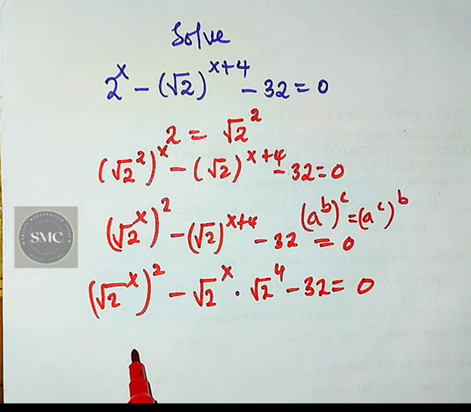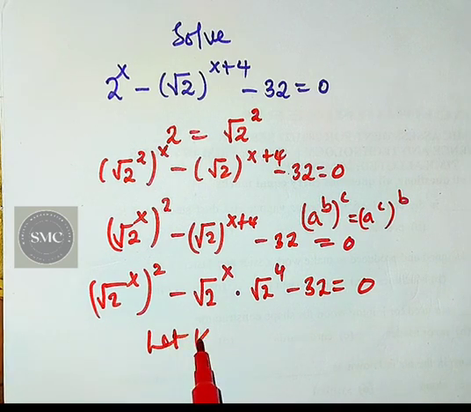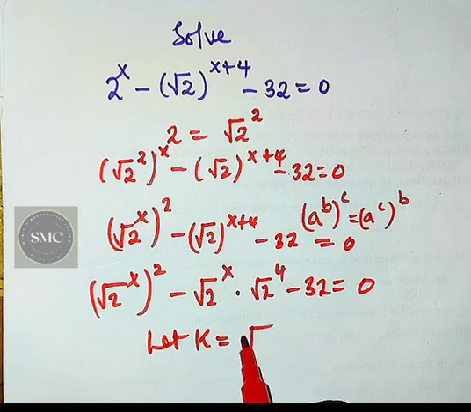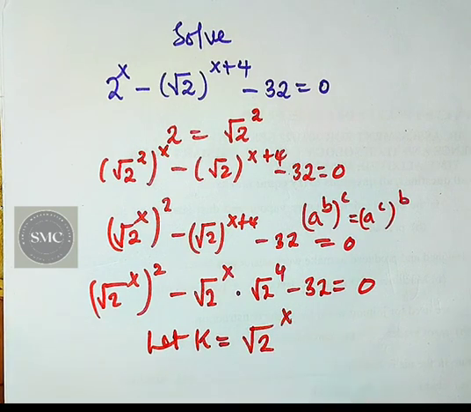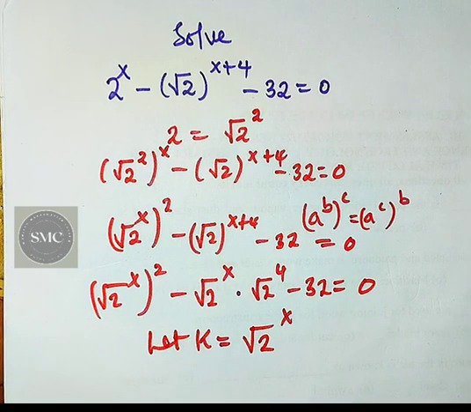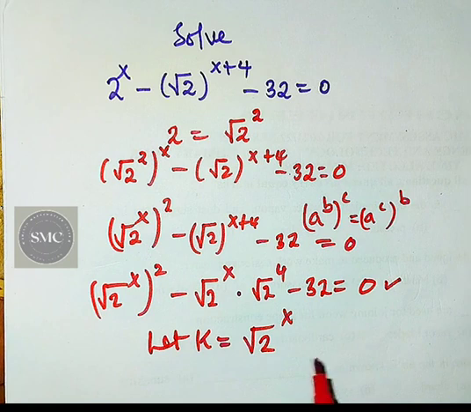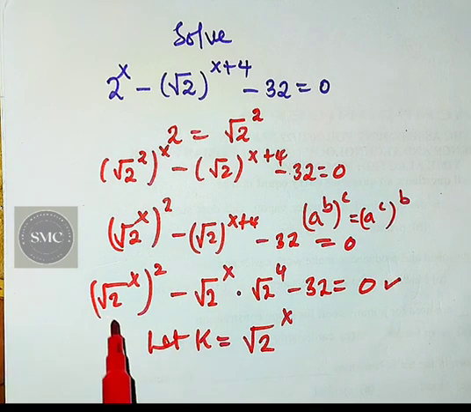So therefore we are going to let k equal root 2 to the power x. Now if k equals root 2 to the power x, then from this equation anywhere we see root 2 to the power x, we replace it with k.